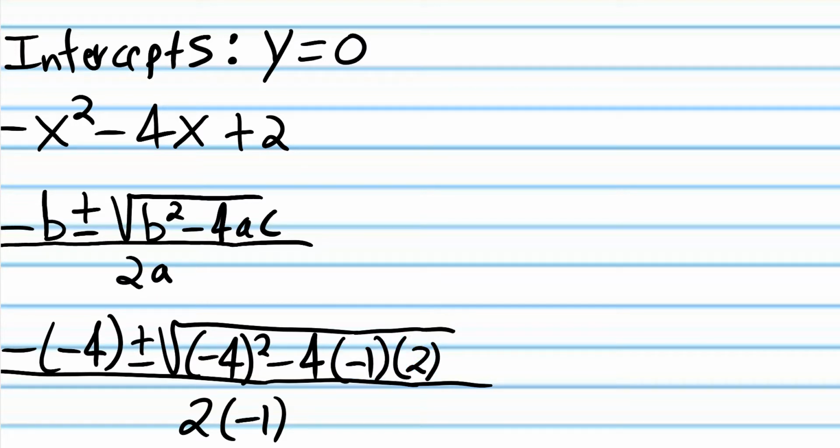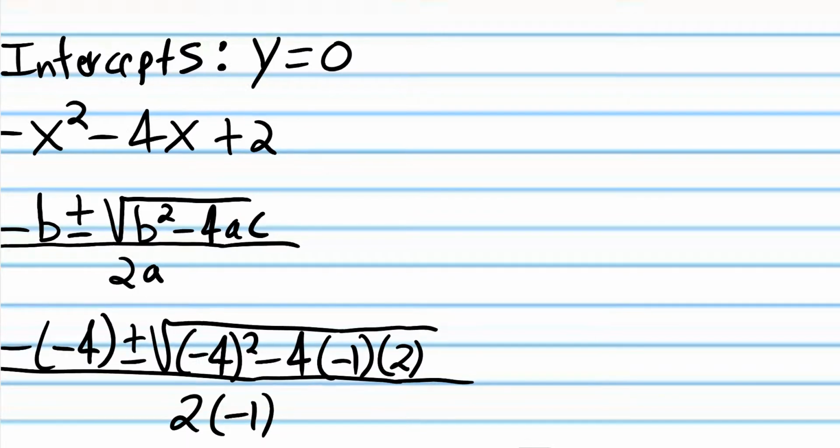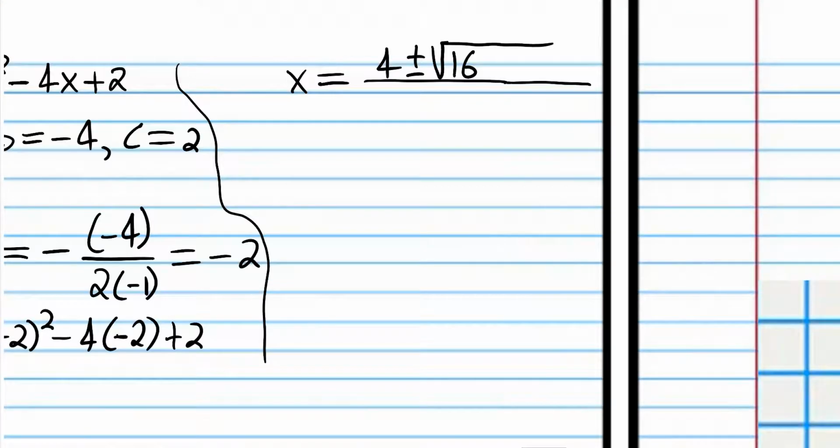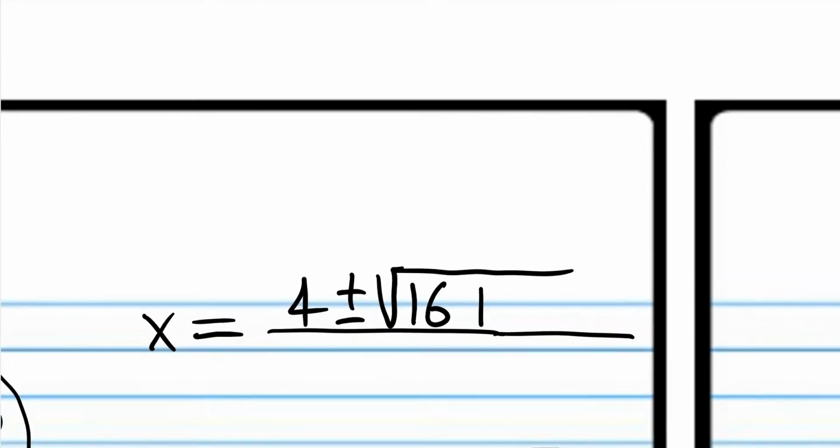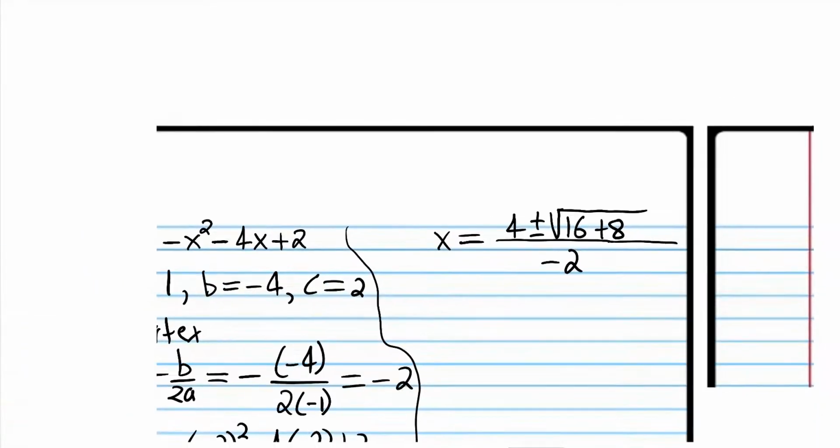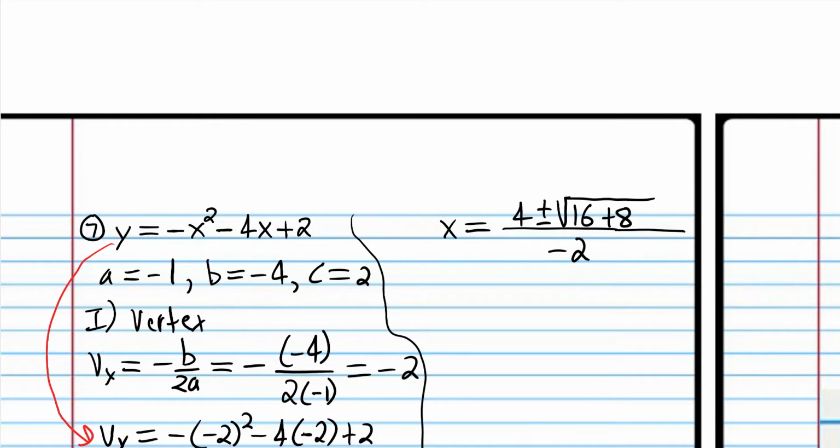And then -2 times -4 is +8. So we're going to add 8, and on the bottom we have -2. Let me just double check that. Everything looks right.